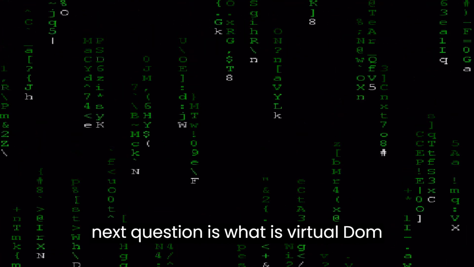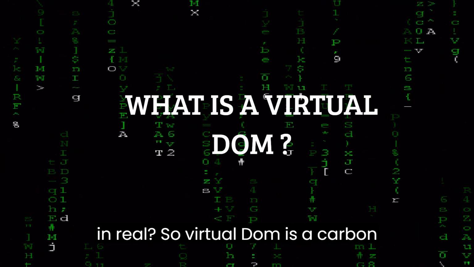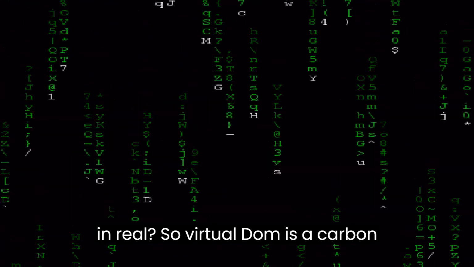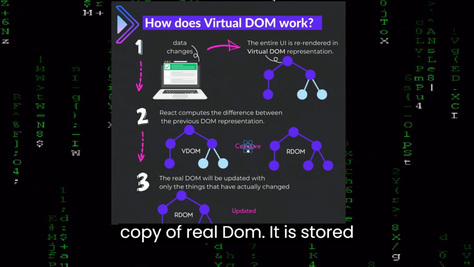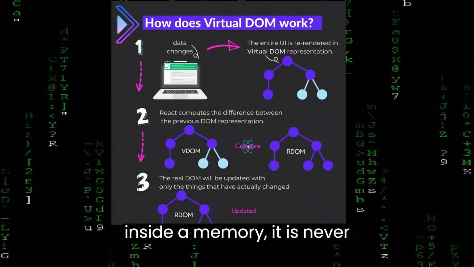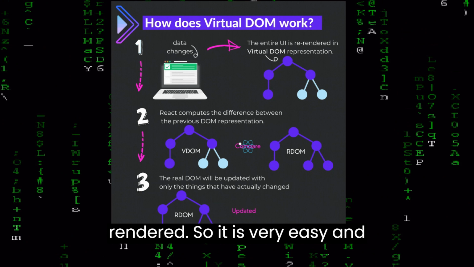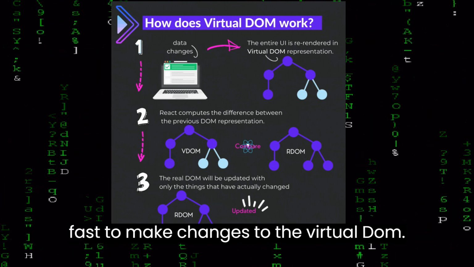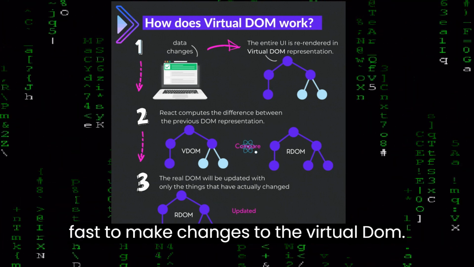So the next question is, what is virtual DOM in React? Virtual DOM is a carbon copy of the real DOM. It is stored inside memory. It is never rendered, so it is very easy and fast to make changes to the virtual DOM.